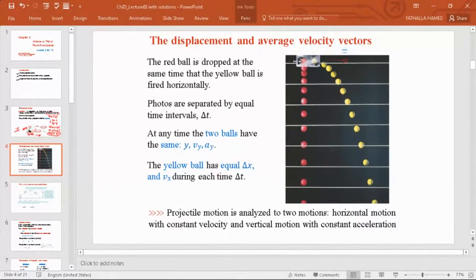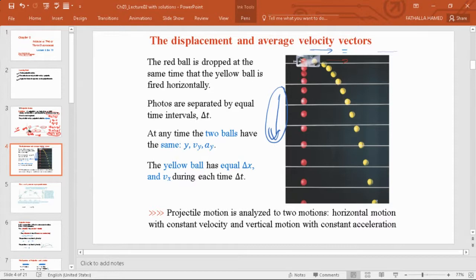Now, when you release from rest, this ball is going to fall down this way. It's falling down under the influence of gravity. Now, when you fire the yellow ball in this direction here, which is horizontal, the ball would like to move in this horizontal direction, but the gravity will try to bring it down.